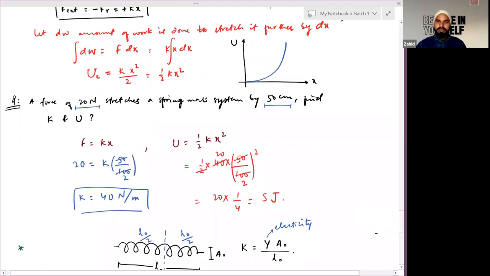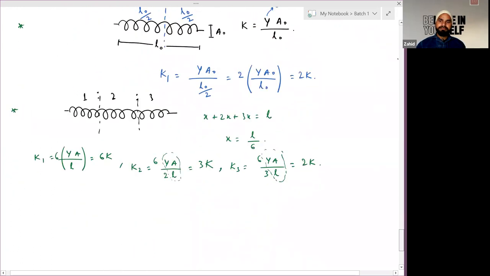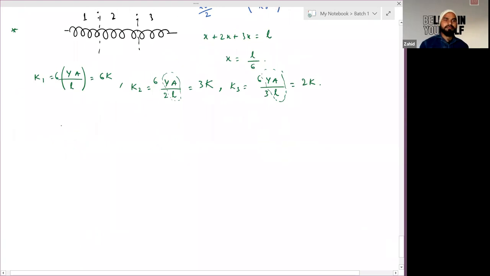Now, on the basis of this term, if you have to apply the work energy theorem for this potential energy or kinetic energy, work done is equal to potential energy final minus potential energy initial.